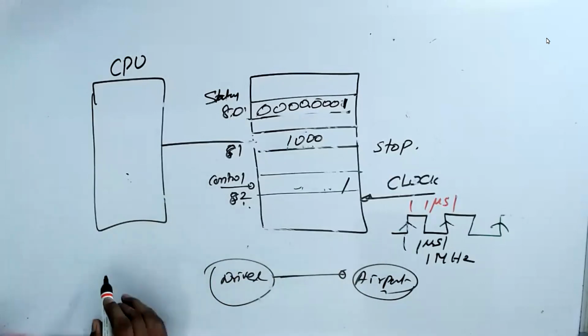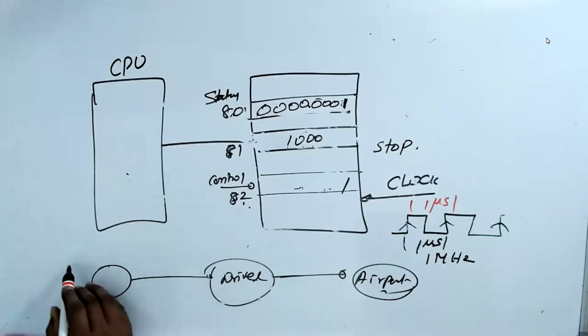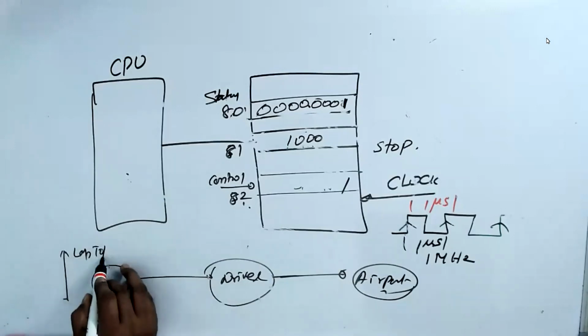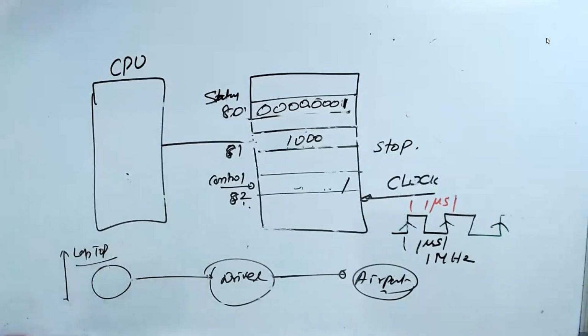Now what you do, you give a command to the driver, then you start working on your laptop. Once the airport is reached, the driver will tell you, sir, the airport has come. Am I right?